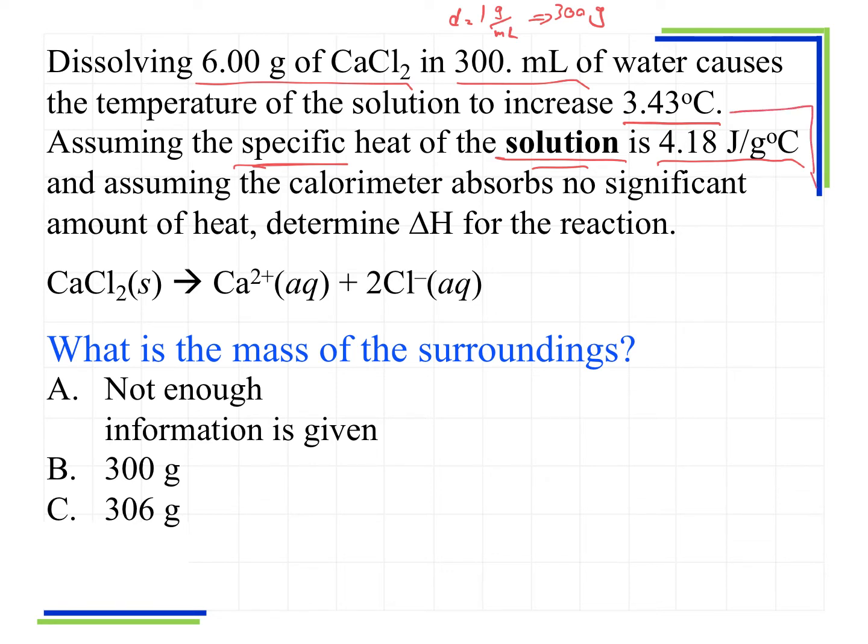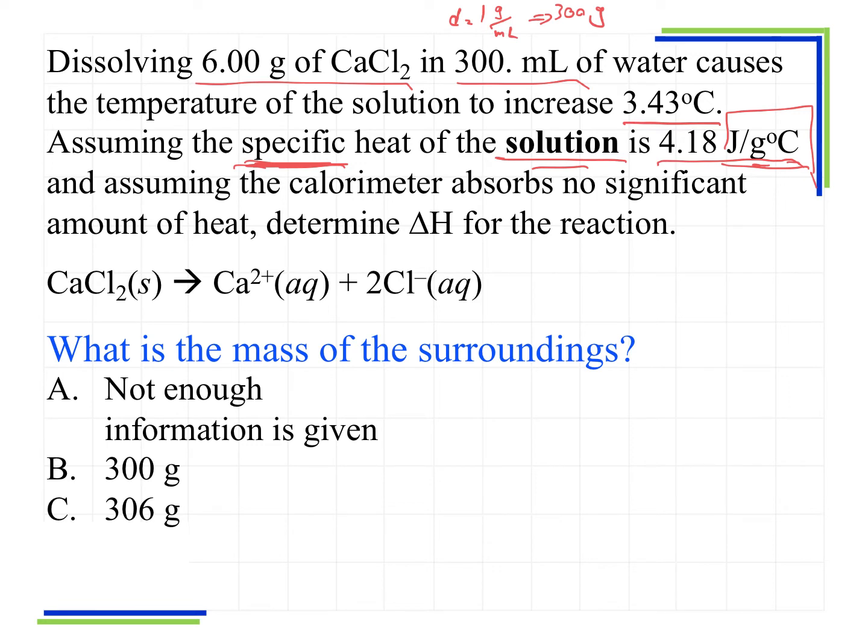Again, it's directly mentioned as a specific heat, but we can also look at the unit. It's joule per gram per degree Celsius, so it's a specific heat. And assuming the calorimeter absorbs no significant amount of heat, determine the delta H of the reaction.